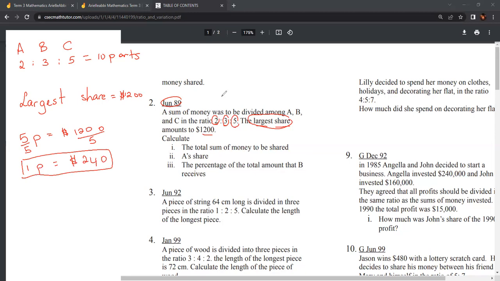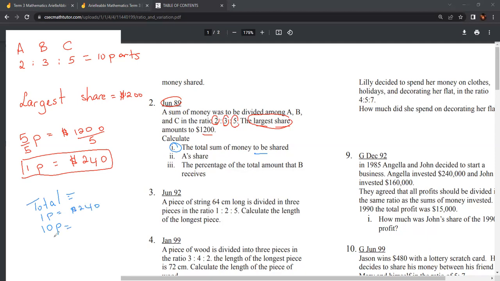Now the question asks us, what is the total sum of money to be shared? Now we know the total is 10 parts. So we need to figure out how much is 10 parts. Now I know 1 part is $240.